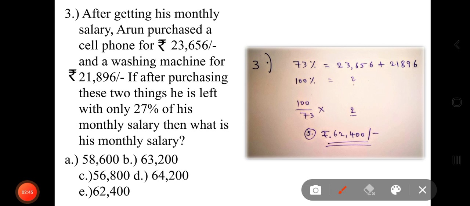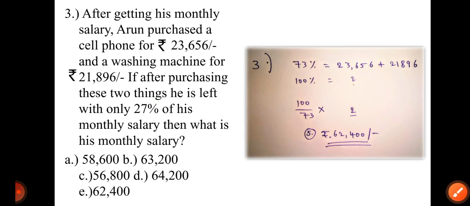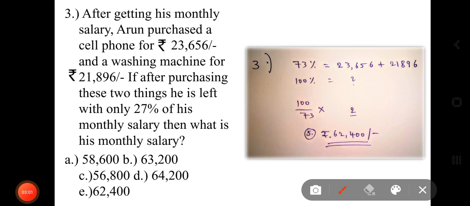After getting his monthly salary, Arun purchased a cell phone for 23,656 and a washing machine for 21,896. If after purchasing these two things, he is left with only 27% of his monthly salary, then what is his monthly salary? That means we were asked to find out the monthly salary, which is 100%.